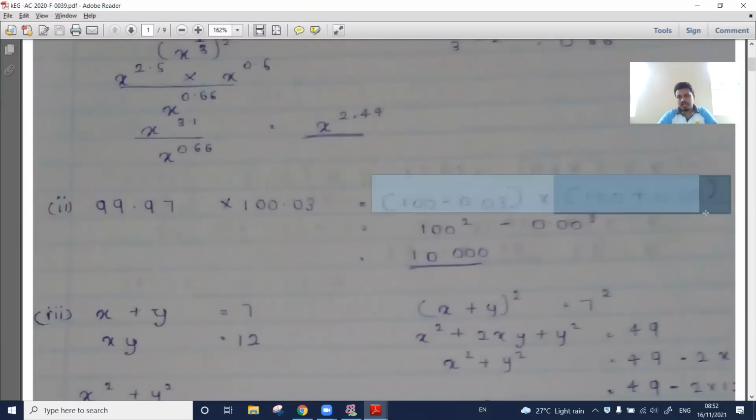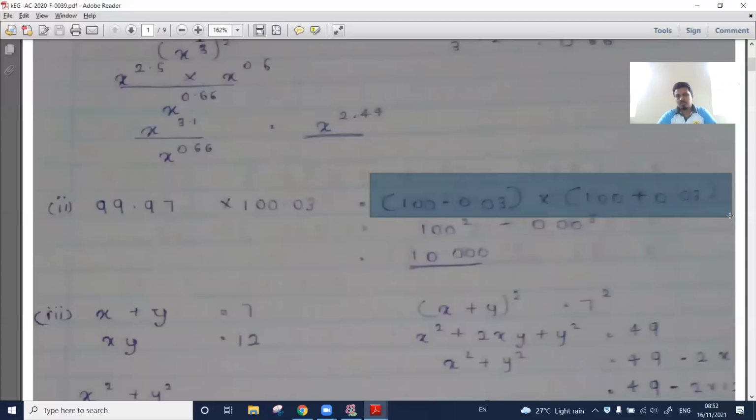Now by looking at these two, what can you see? Something should come to mind: A minus B into A plus B. So here it is 100 minus 0.03 into 100 plus 0.03.